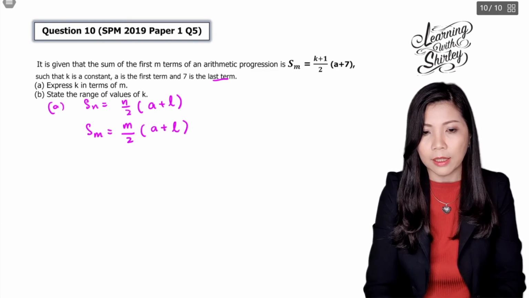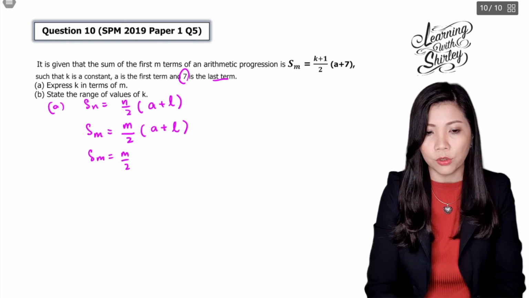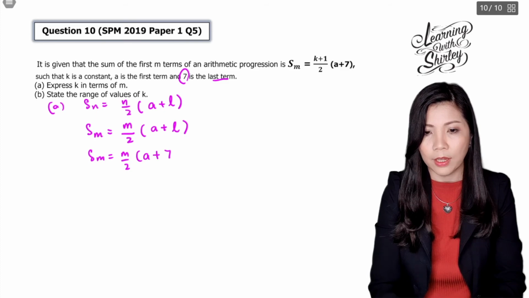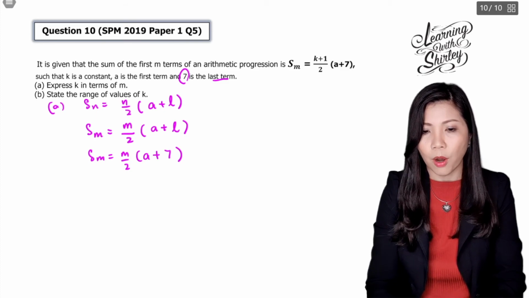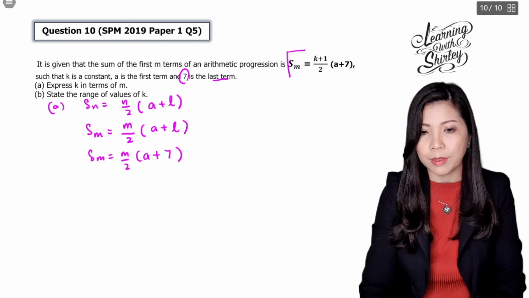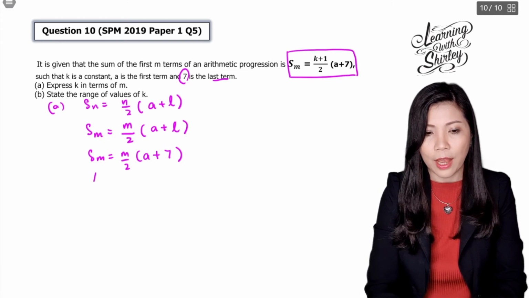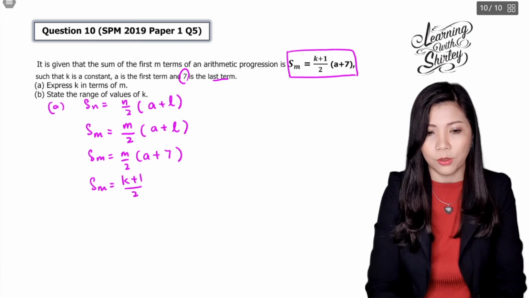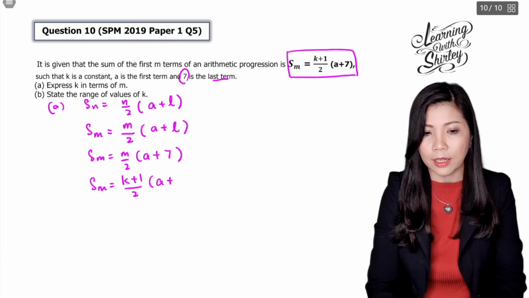And l is given as 7. Therefore, Sm equals m over 2, a plus 7. And then we compare with the Sm given over here, Sm equals k plus 1 over 2, a plus 7.